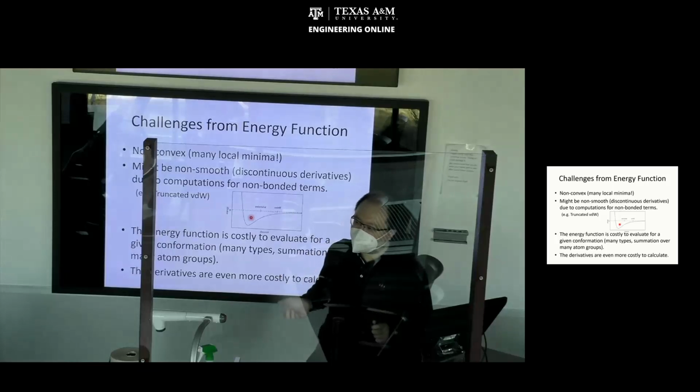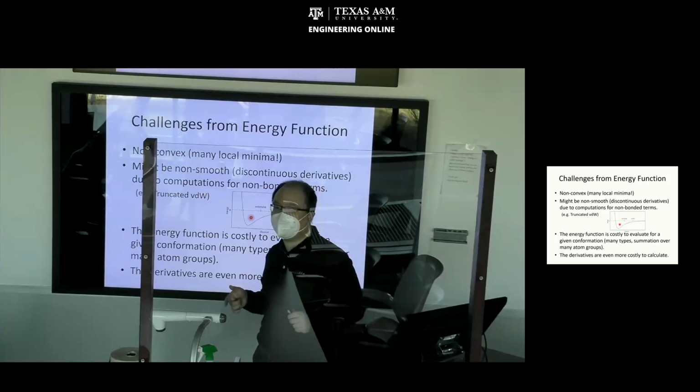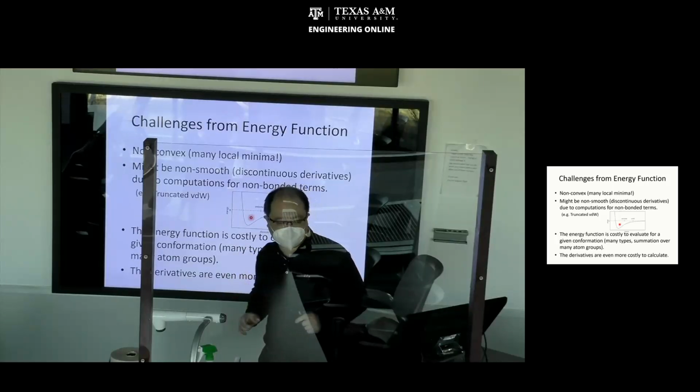So in other words, this is an energy minimization problem for which you don't want to evaluate f of x at too many x, because evaluating f of x is extremely expensive. So you want to save your budget of evaluation. Okay, so that's one challenge.